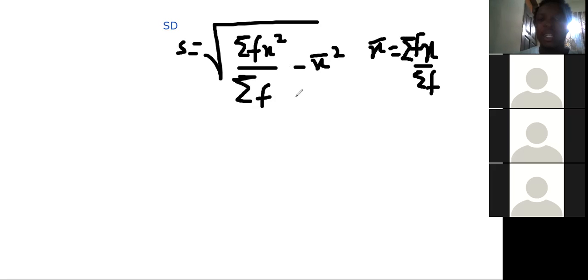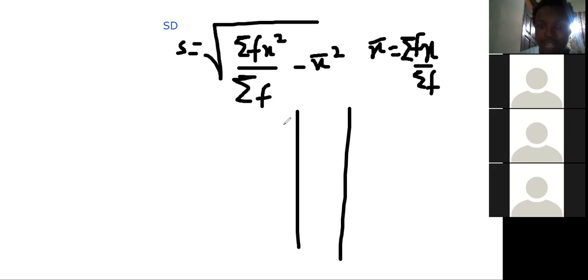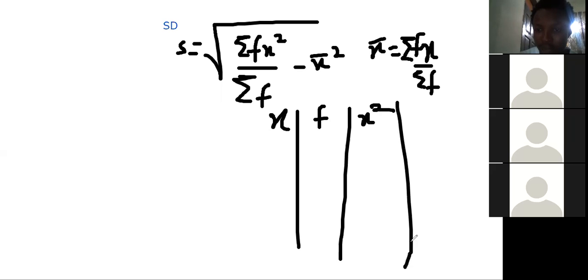When you are creating a table, if it is grouped data, your x will become your midpoint. If it is not grouped data, then you use the x, the class mark you'll be given. So if this is your x, and this is your frequency, you have to get x squared. After getting x squared, you have to get fx squared, f times the x squared here. That is it.